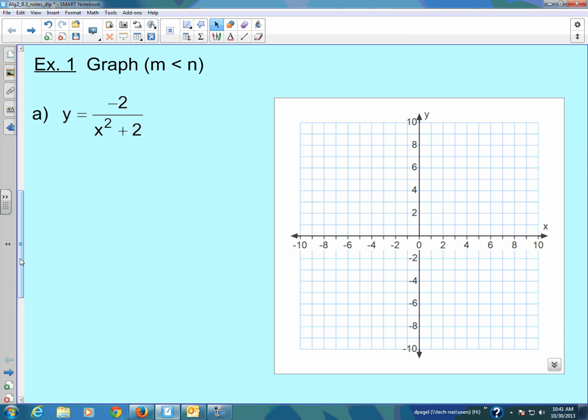So yesterday we talked about first things, and first things were find vertical asymptotes. So we go after vertical asymptotes in the denominator: x squared plus 2 equals 0, x squared equals negative 2, x equals plus or minus i root 2, and those are not real.